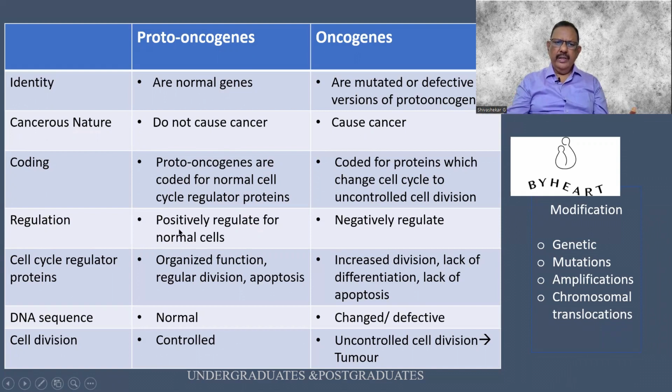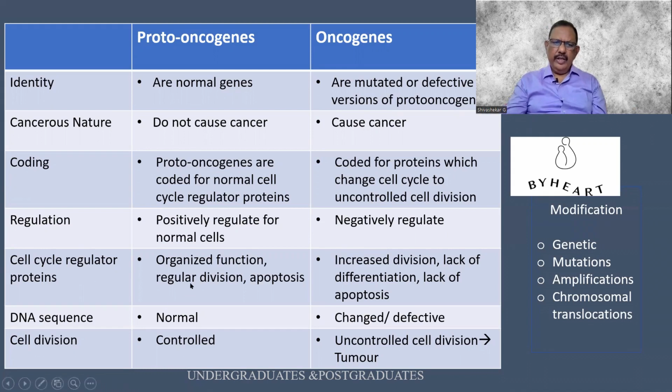The regulation: they are positively regulated in normal cells, and negatively regulated in the sense that once there is a multiplication, it has to stop. But here, it continues proliferation. And second, when things are wrong, it should die, but it is asked to stay alive.